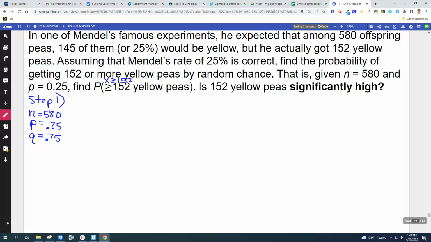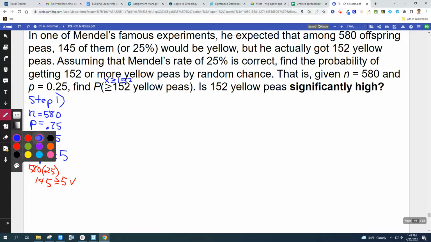The requirements say that np has to be greater than or equal to 5. So n is 580 and p is 0.25. If you multiply n times p, you get 145. And sure enough, 145 is greater than or equal to 5. Check. That's one of the requirements.